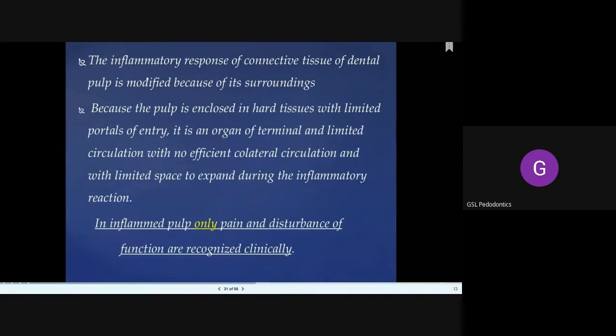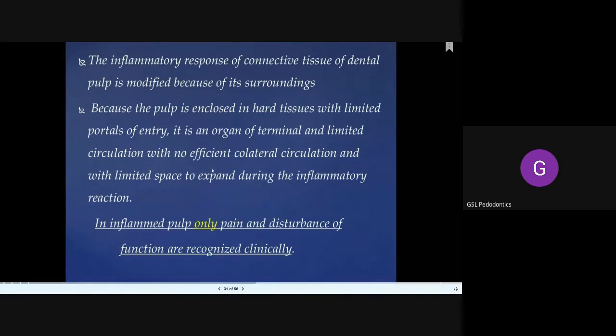The inflammatory response of the connective tissue, how the tissue will respond, will vary because of the surroundings. Why? Because the pulp, which is enclosed in hard tissues like enamel and dentin, has limited portals of entry, so it has no efficient collateral circulation.